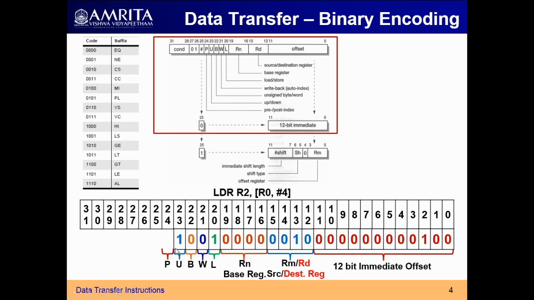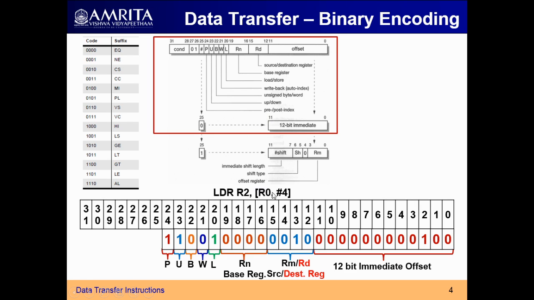Next bit is used for representing whether you are writing pre-indexed load or store or post-indexed load or store. Since in my instruction I am using pre-indexed, this P bit will be 1. Again you can see pre-indexed bar post-index. Pre-indexed means 1, post-index means 0.